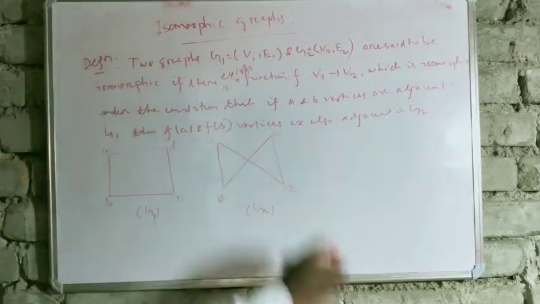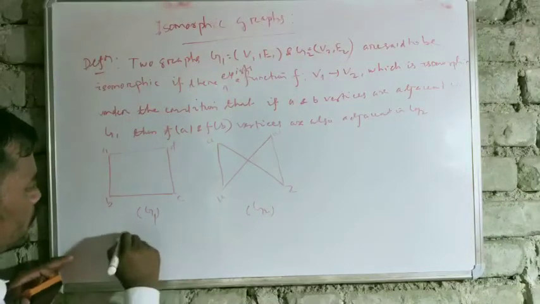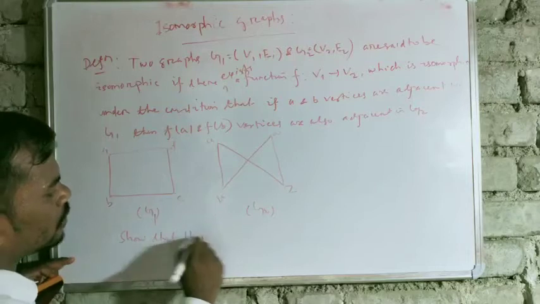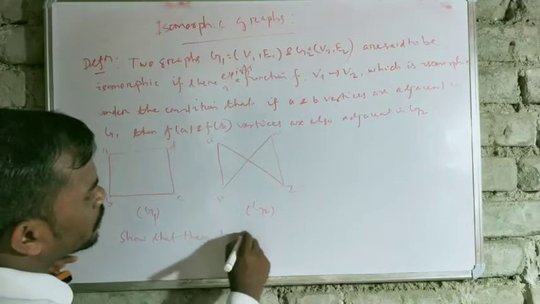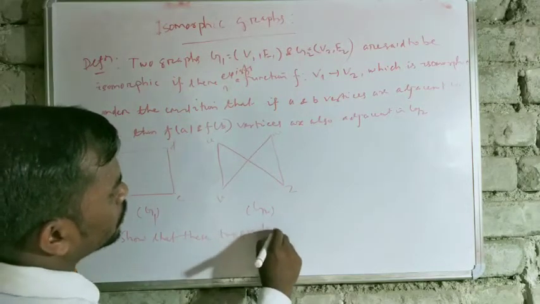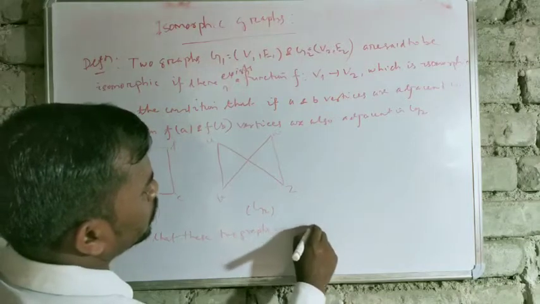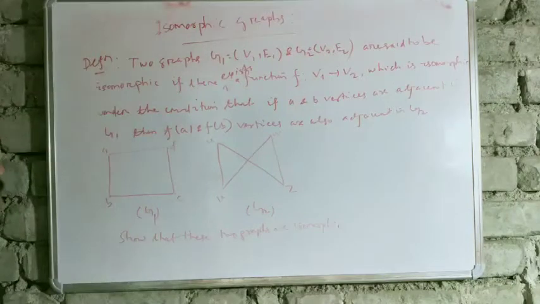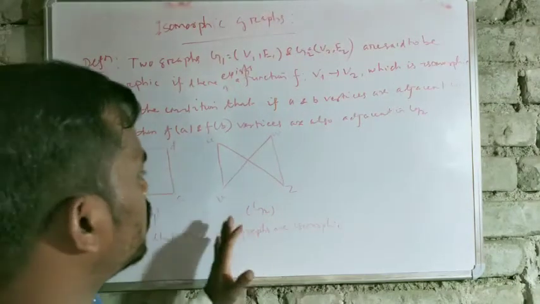So we have to show that these two graphs are isomorphic.